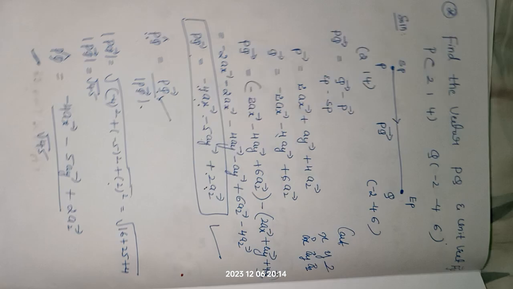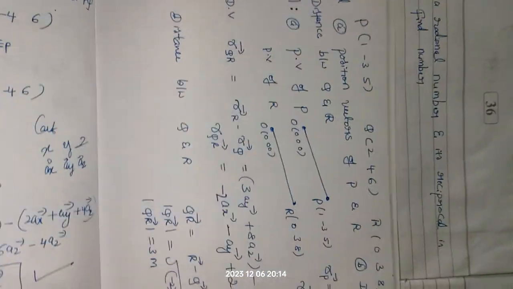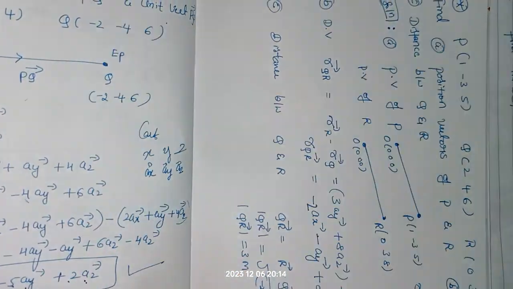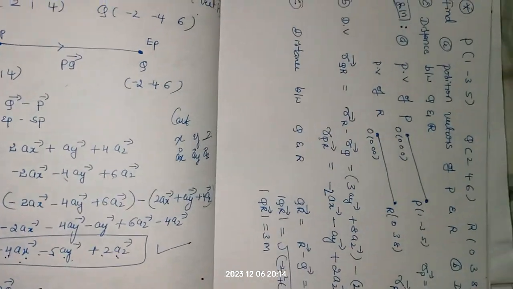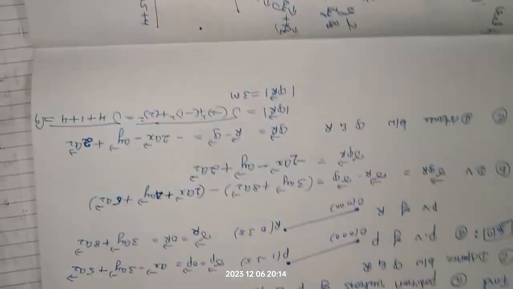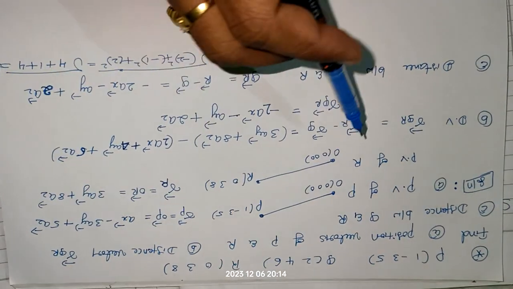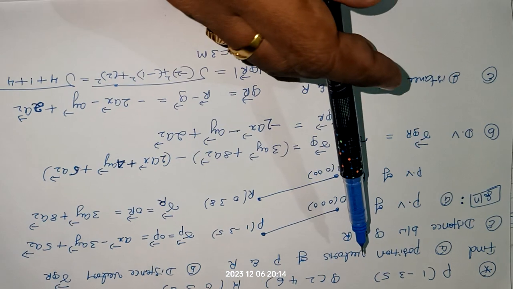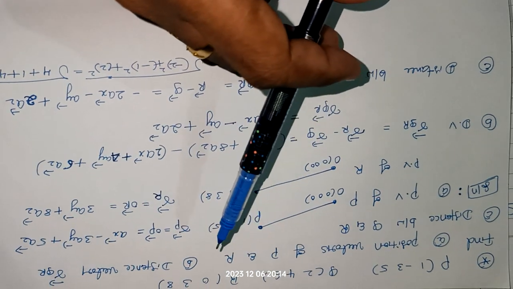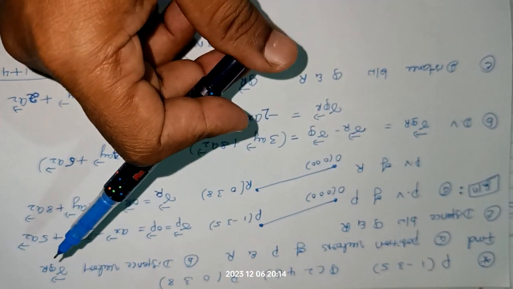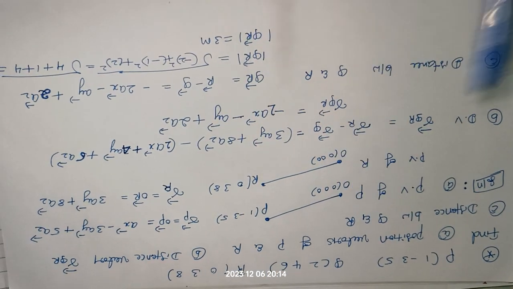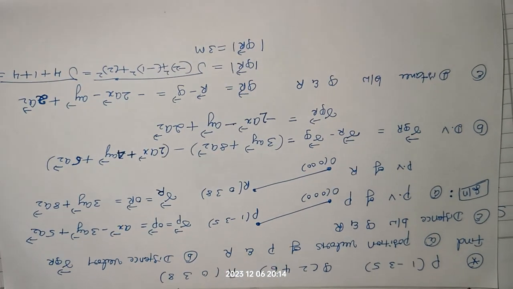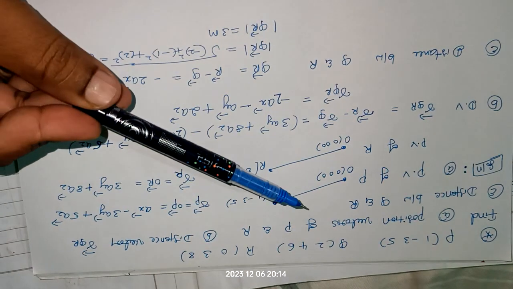Okay, similarly, we have one more problem. Here I will just switch like this. Points P, Q, and R, three points are given. They are asking you to find the position vectors of P and Q, the distance vector RQR, and the distance between Q and R. For this, you should first find the position vectors.